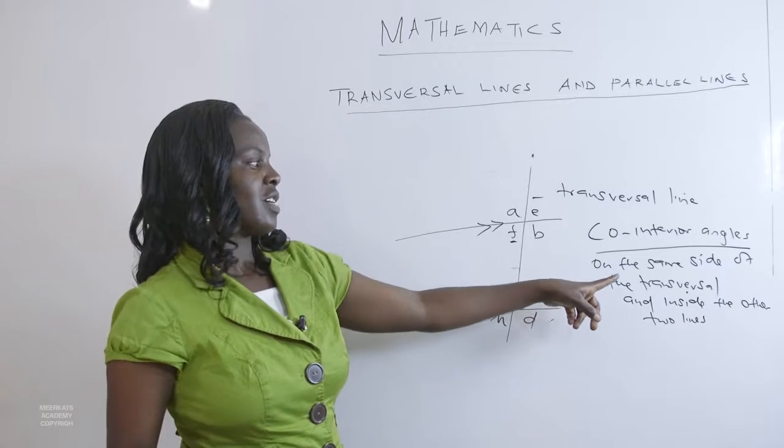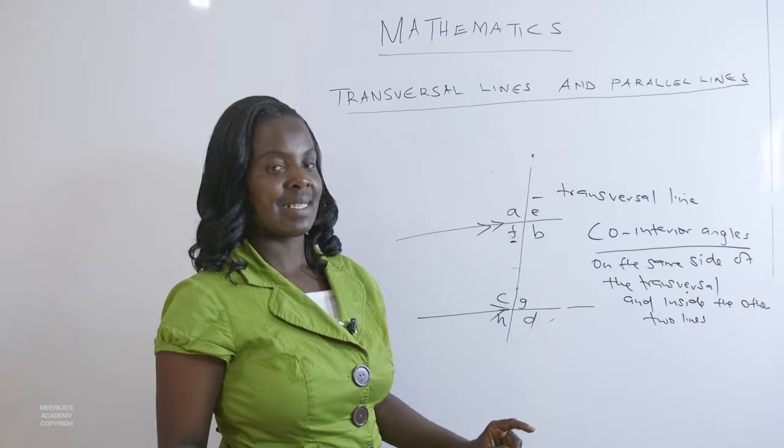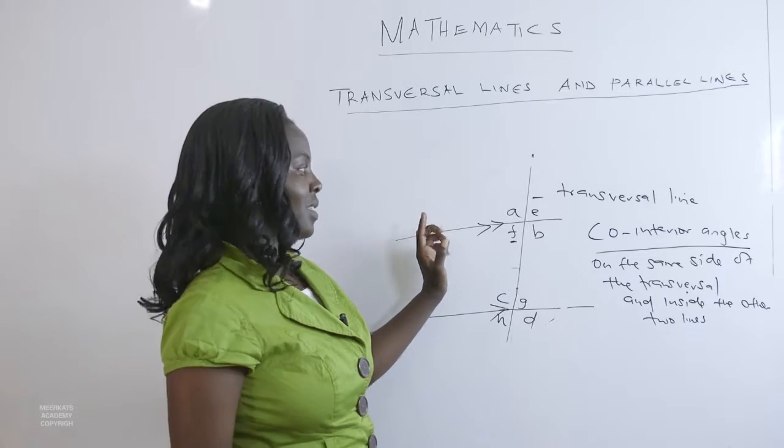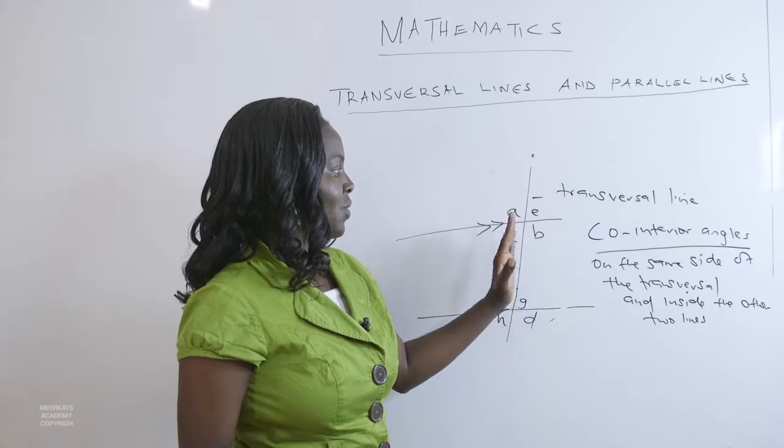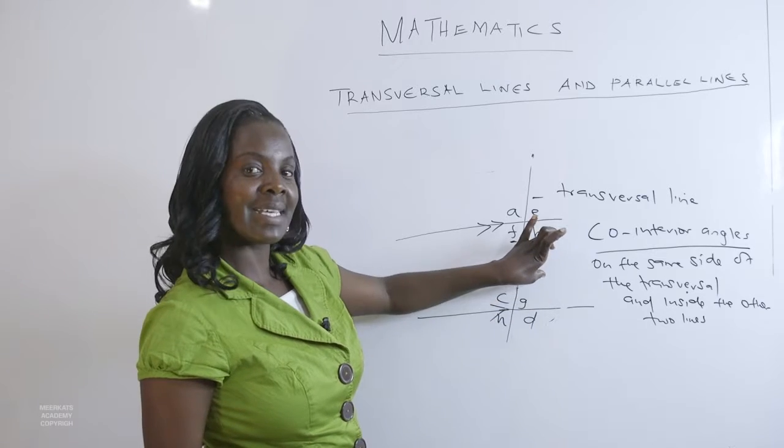These are angles on the same side of the transversal, and they are inside the other two lines. Same side now. It is the opposite of alternate. So they are on the same side of the transversal, and they are inside.